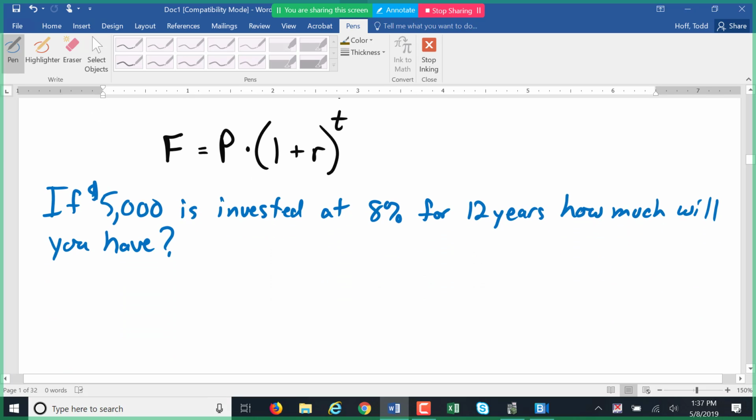So using that formula, we're finding that future amount. The principal is $5,000 times 1 plus, remember, 8% goes in as a rate. That's 0.08, close parentheses, to the power of 12.